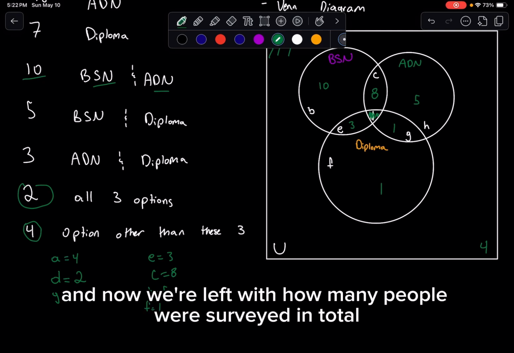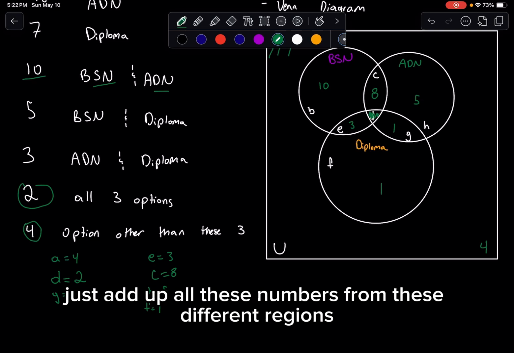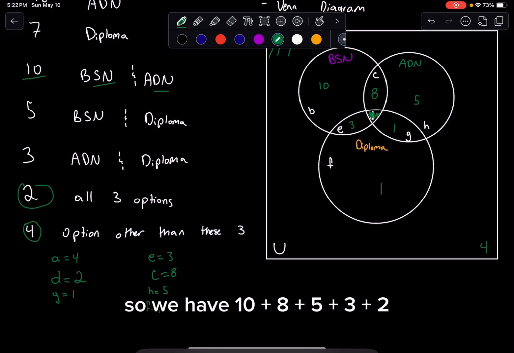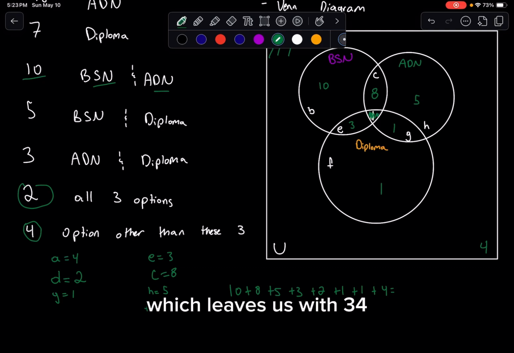And now we're left with how many people were surveyed in total. What we could do is just add up all these numbers from these different regions. So we have 10 plus 8 plus 5 plus 3 plus 2 plus 1 plus 1 plus 4, which leaves us with 34, right?